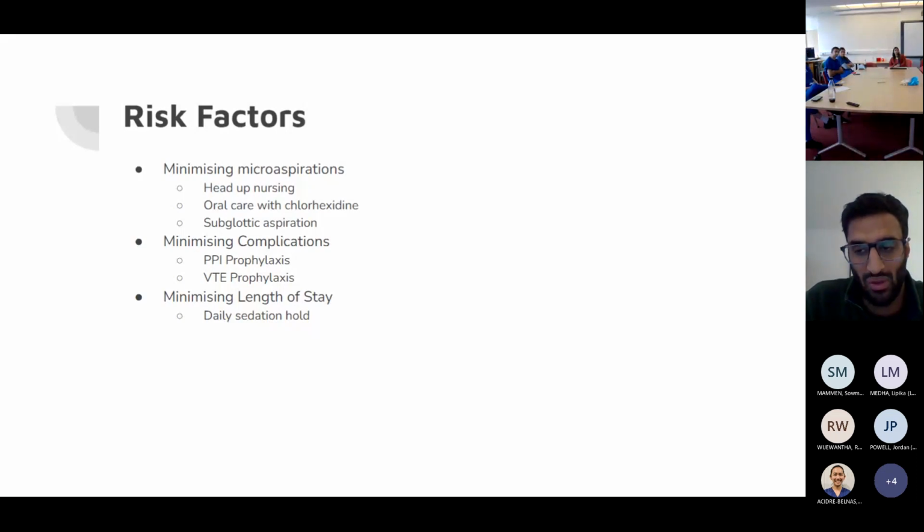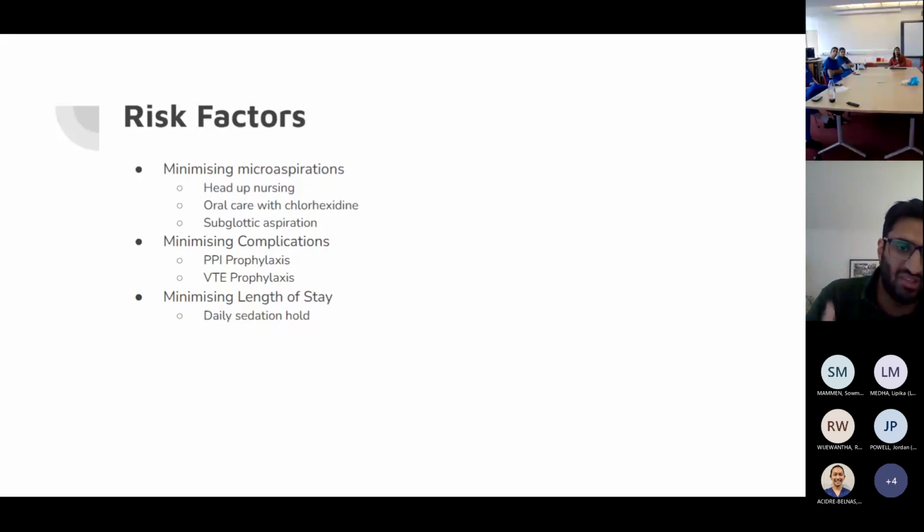The way that we think VAPs develop is that when the ET tube is in place in the trachea, micro aspirations on a very small level can track down from the upper airways into the lower airways, settle in the bronchioles and maybe in the alveoli, and that provides a petri dish for bugs to grow in, basically. So anything that we can do to minimize aspirations around our tube, or micro aspirations, is certainly a good thing.